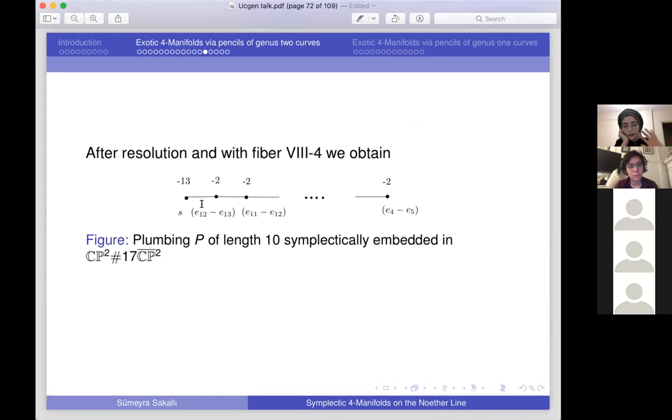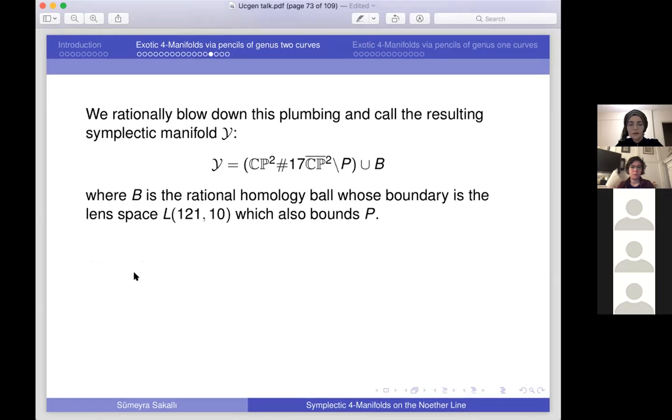And then to that plumbing, we consider the neighborhood of spheres, and to that we apply the generalized rational blowdown surgery. So this is what we are doing. We take out those spheres and replace that by another 4-manifold. And it gives us a new manifold. We call it Y, and it is symplectic.